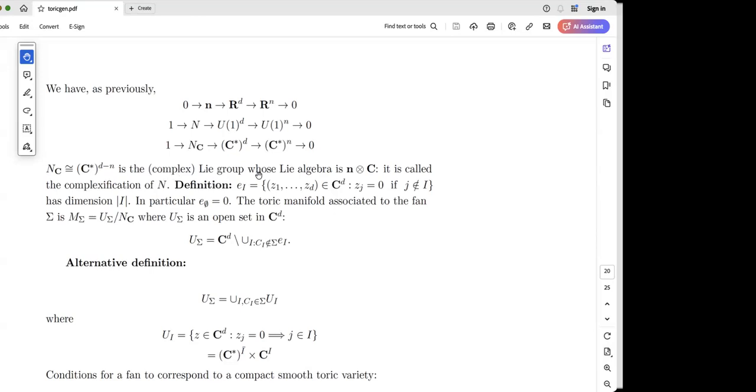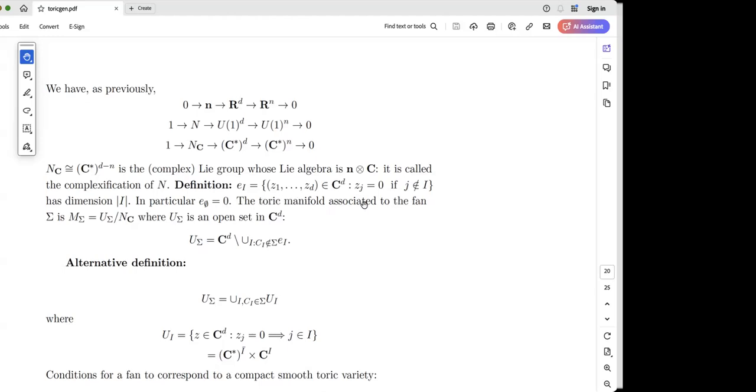This is the complex Lie group whose Lie algebra is little n tensor product with the complex numbers. This is the complexification of N. So if I write E_I as the set of z1 up to zd in C^d so that z_j is equal to 0 for j not in the indexing set, then this has dimension the absolute value of I. In particular, E of the empty set is 0.